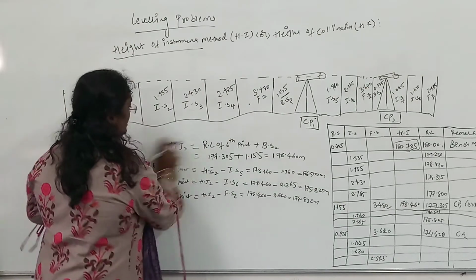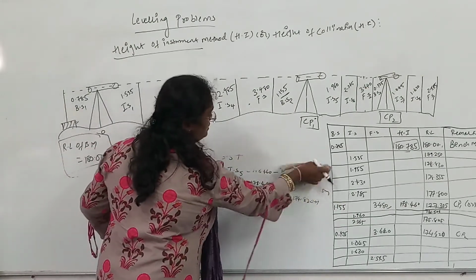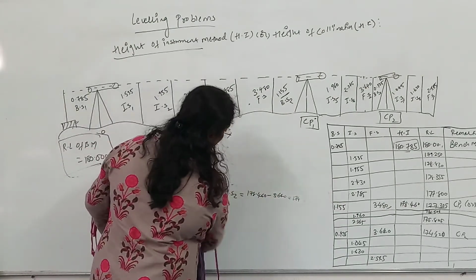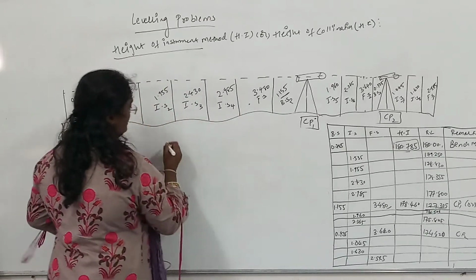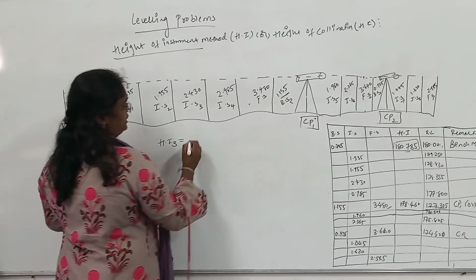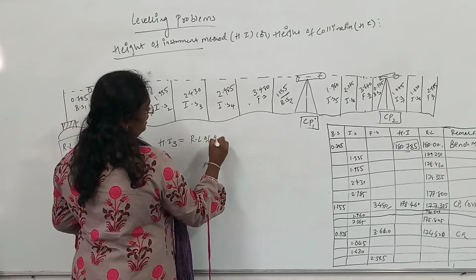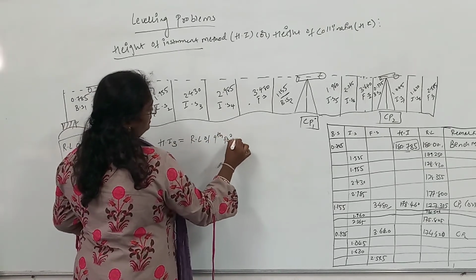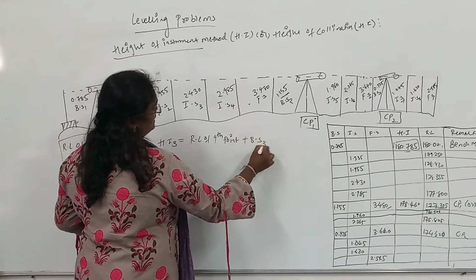Now we need to find out the height of instrument 3. How do we find it? RL of the 9th point plus backsight 3.